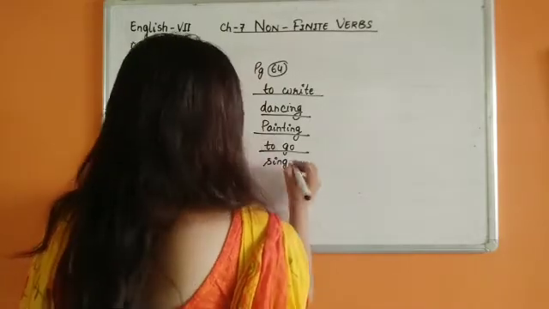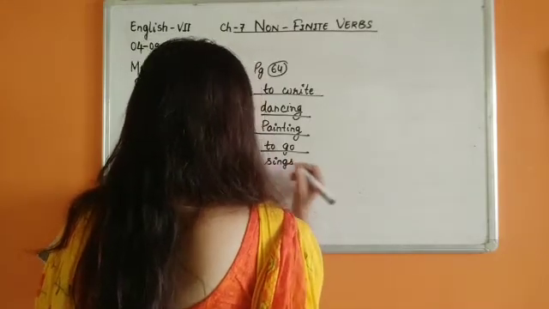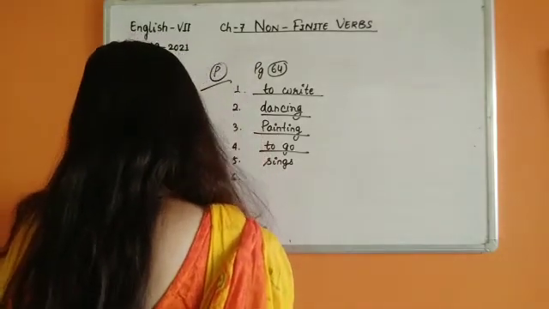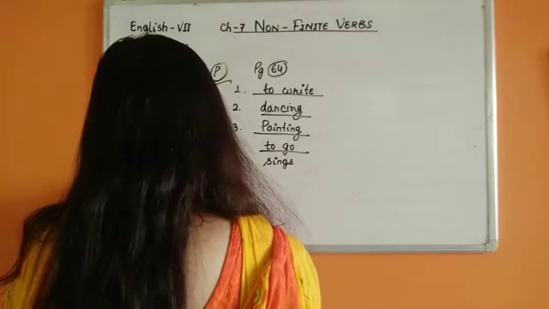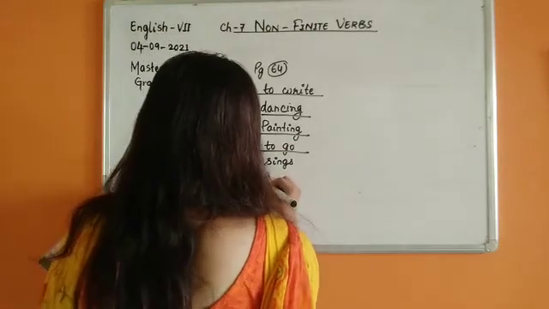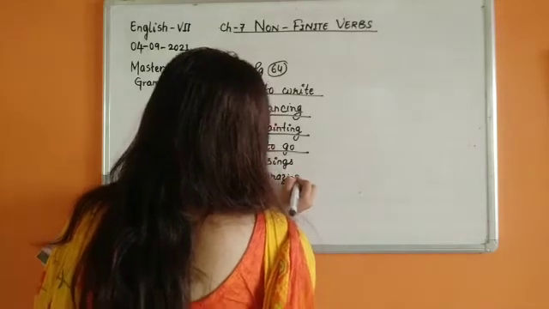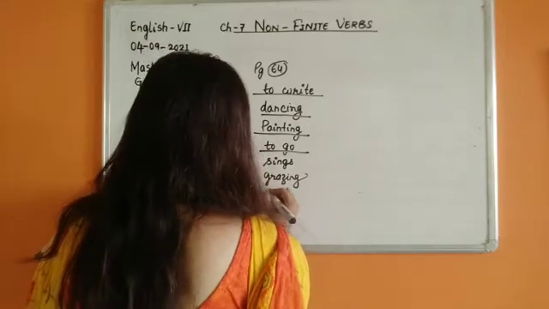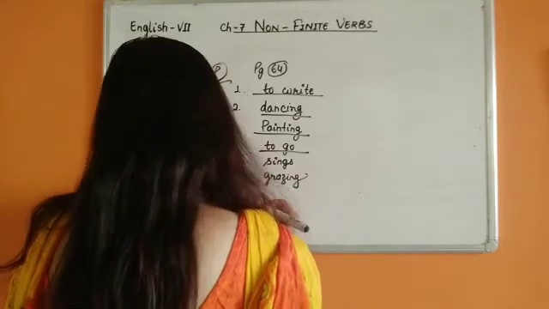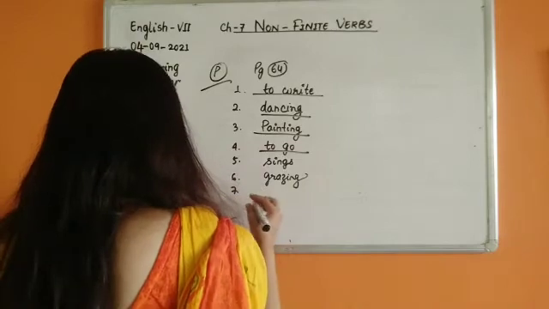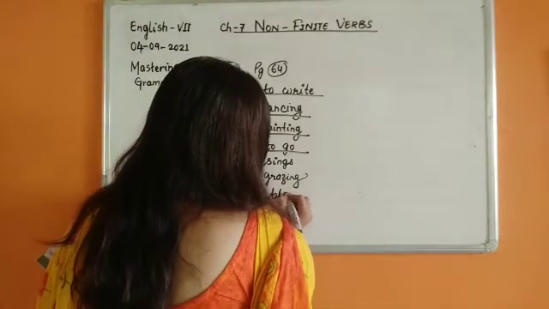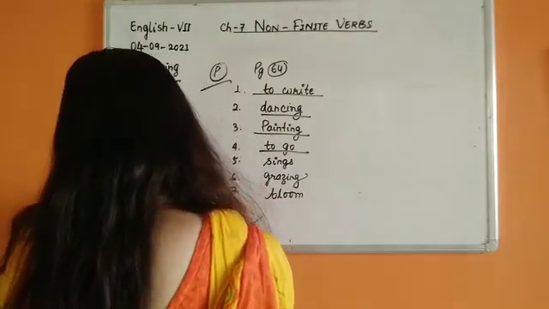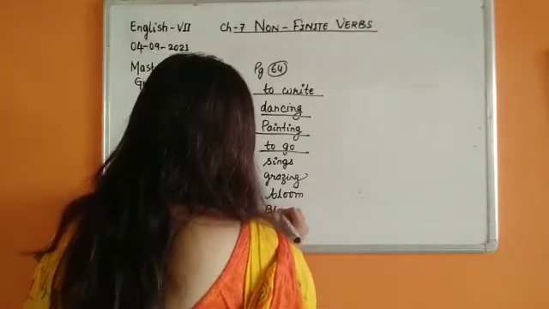Neha sings a devotional song while praying. Number 6, Mahmood took the sheep to the meadow for grazing every day. Number 7, flowers dash bloom in every spring. Bloom, okay, this will be the verb only. Number 8, blooming flowers.